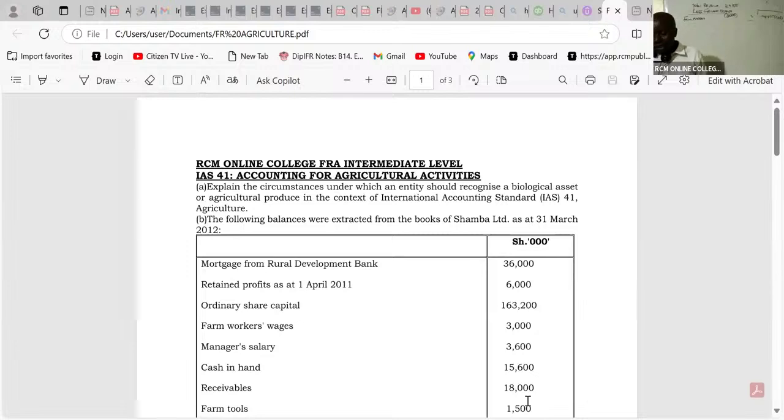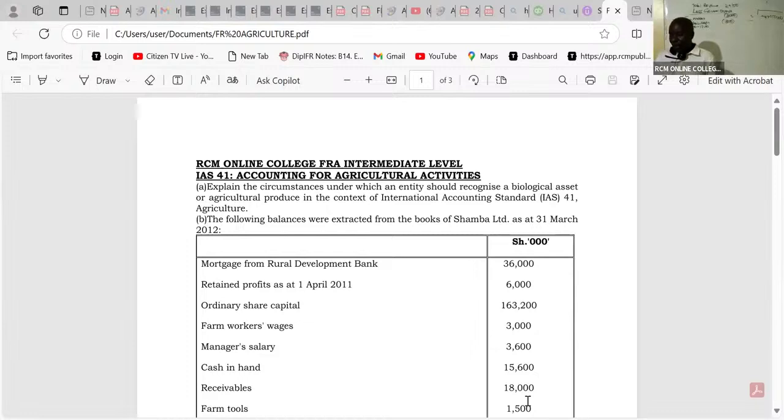So I'm able to see a reduction in value, farm tools depreciation, 1,500 minus 1,200. This gives me a loss in value of 300 that has to be charged to our income statement.